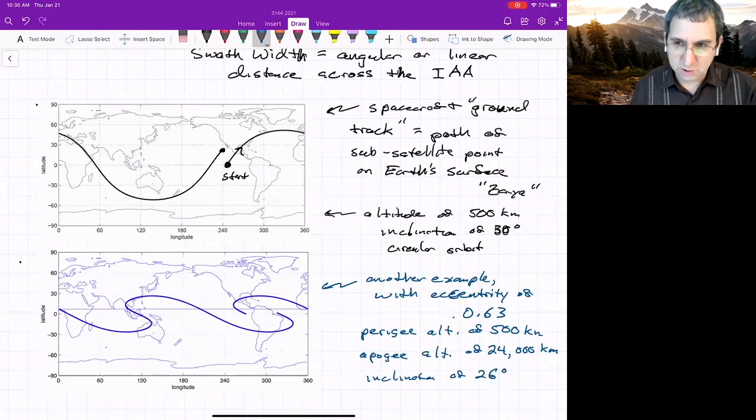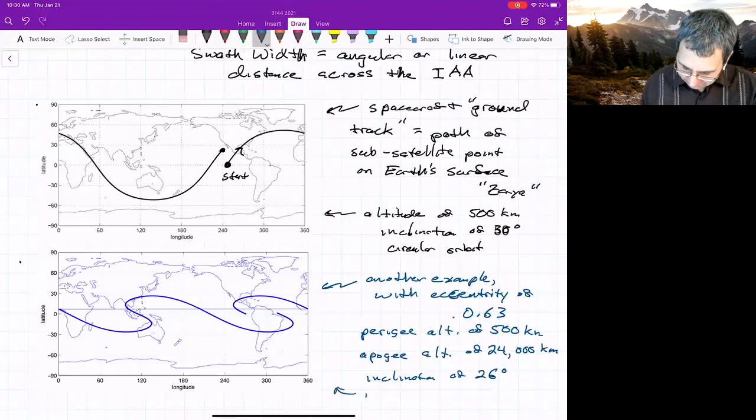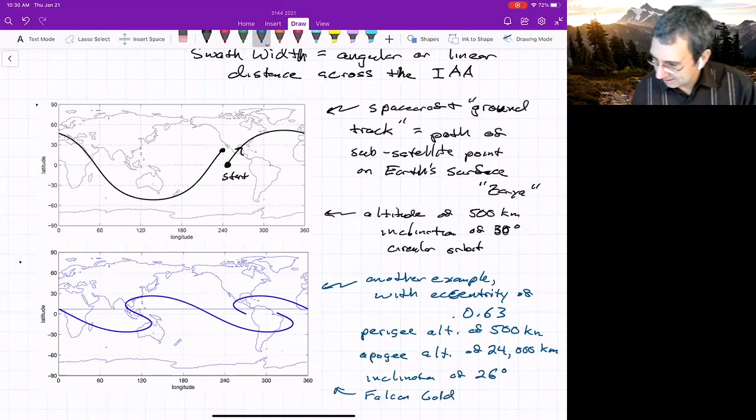I think it was designed by the students at the Air Force Academy. It's called the Falcon Gold satellite. I think their mascot is the Falcons. So it's got this crazy looking ground track.